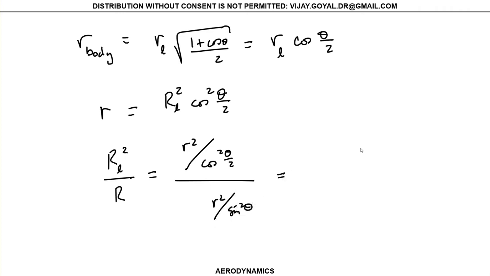And then if you do some mathematics here, you can show that the answer you get is 1 minus R over RL squared. That's the ratio that you get there.